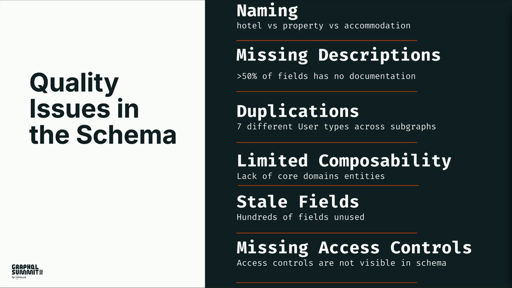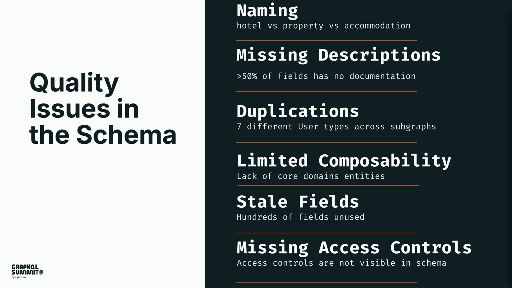Some quality issues are quite obvious in every schema in different organizations. We have problems with naming: different domains name different concepts, and same concepts with different names, which creates confusion on the consumer side. We have stale fields. Somebody tries something but leaves it there. Unused operations or types are not deleted.